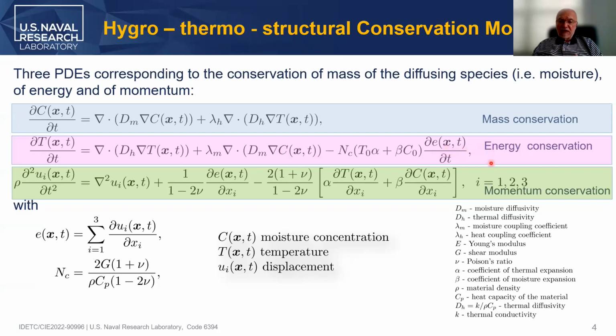And last but not least, from the conservation of momentum that we have to solve for structural mechanics, in addition to the traditional form you see here on the left, there are body force terms coming out from the temperature and moisture gradient. So really, we have to solve this system of partial differential equations for all the appropriate cases that are of interest to us.